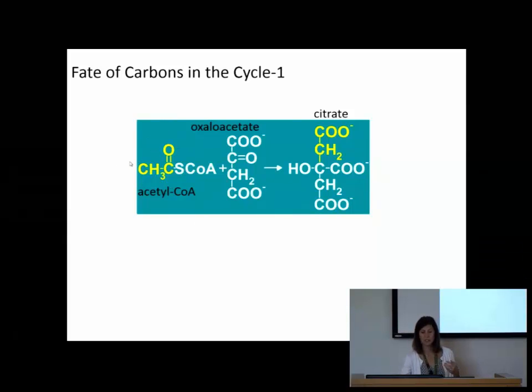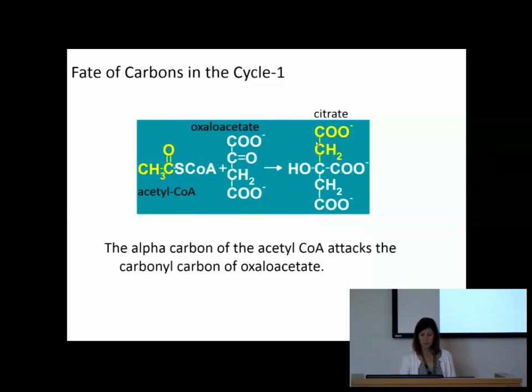So remember, the first step is to condense. And they found that when they condense, the carbons that you put in from the acetyl group are these 2. Okay? So what happens is the alpha carbon right here, this is the alpha carbon, not like alpha dog, the alpha carbon is numbering, actually attacks the carbonyl of the oxaloacetate from the enzymatic activity right there. And so here, this is going to be the first carbon that we lose, right?